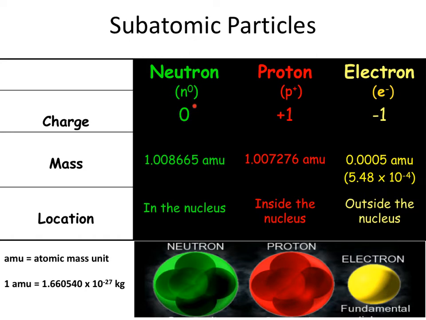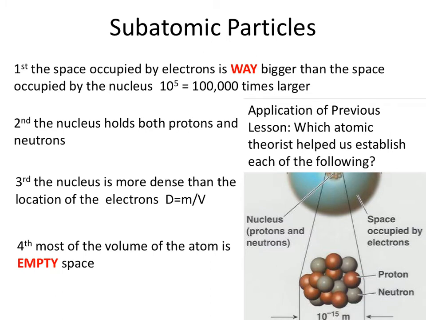And then these are the symbols we want to use to indicate our subatomic particles when we're not writing the complete name out. So let's go ahead and expand a little bit on our understanding of the atom and its structure that we basically gleaned from last lesson. The first thing we're going to look at is that the space occupied by electrons in an atom is way bigger than the space occupied by the nucleus.